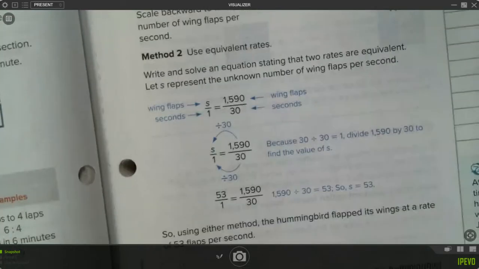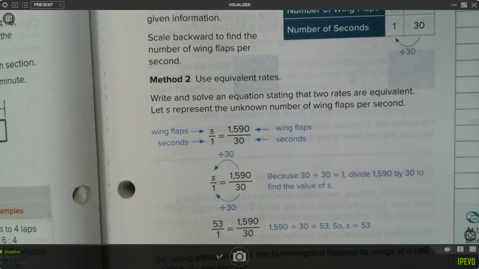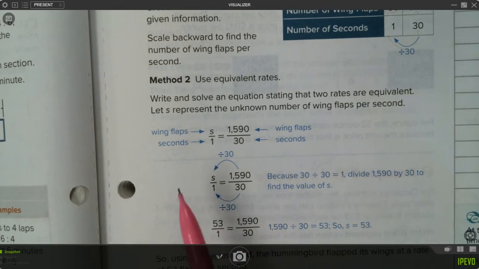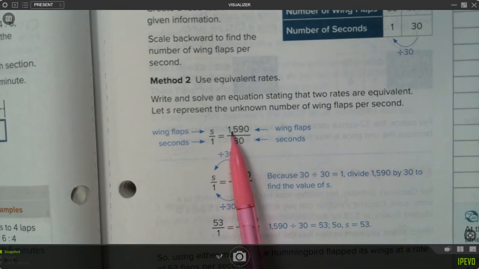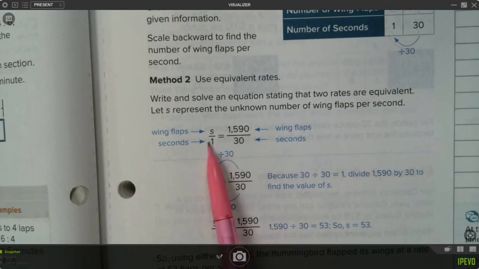Now, the second way, which is a little simpler, a little quicker, less writing to do, I guess, is to set up those ratios, equivalent rates in this case. So set up your 1,590 over 30, and then we're going to have another ratio where we're getting down to 1, okay?